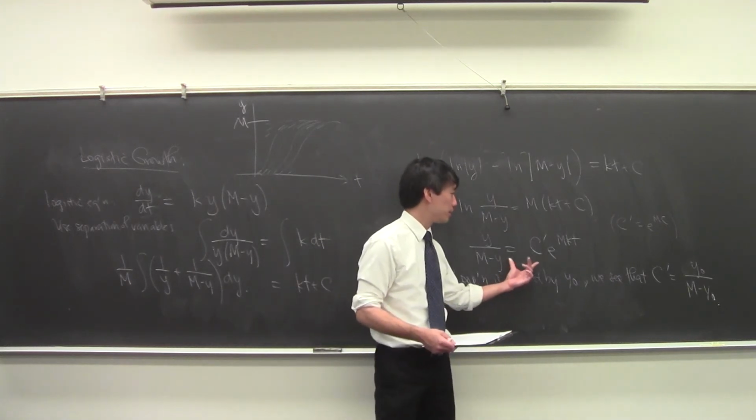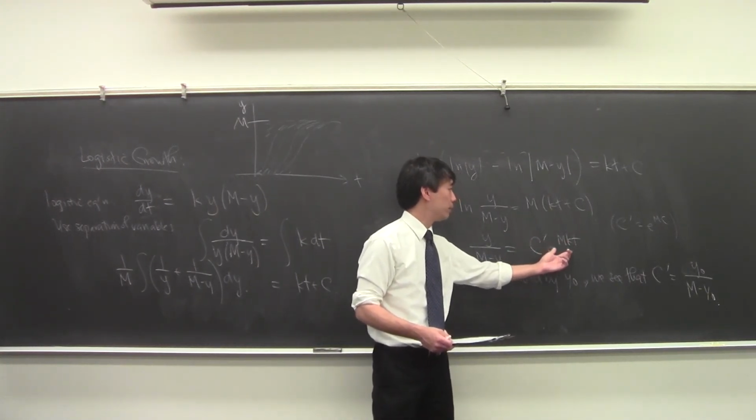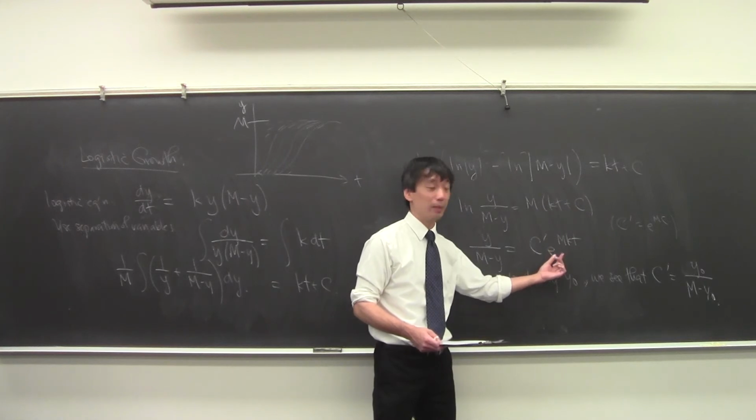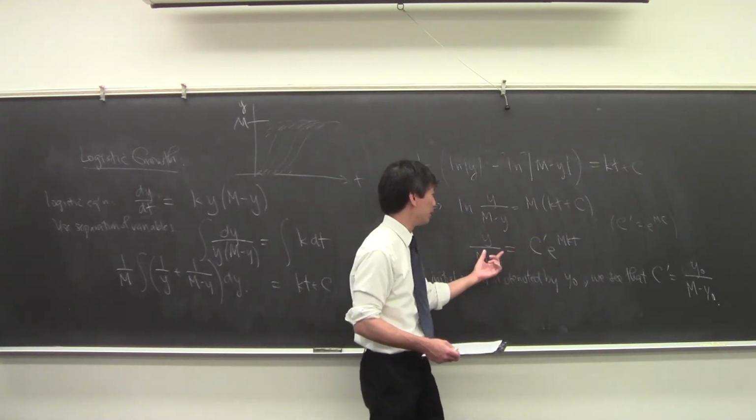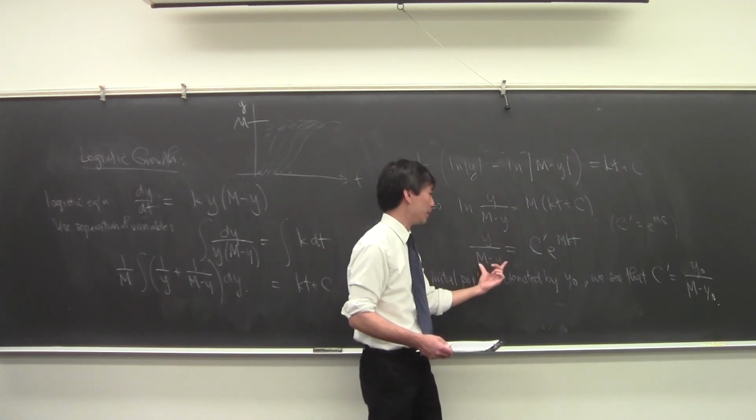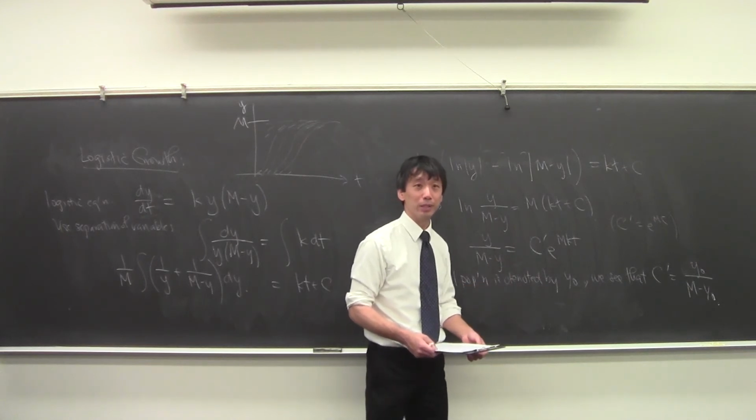Because at time 0, e to the 0 is 1, and we would get c prime equals the initial population over n minus the initial population.